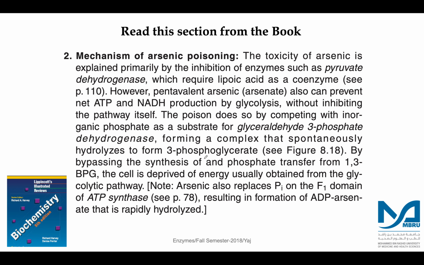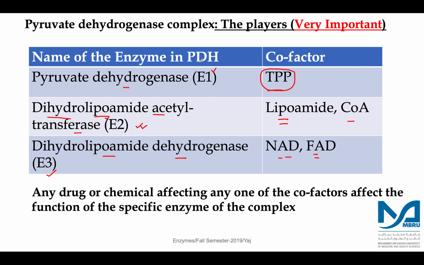Now, the most important part regarding pyruvate dehydrogenase and the cofactors is related to arsenic poisoning. What arsenic does is it binds to lipoic acid. So if it binds to lipoic acid, and if I go back to the slide here, I will not have any lipoamide.